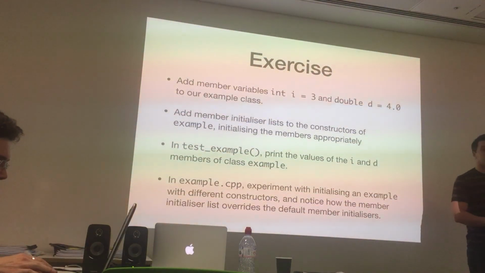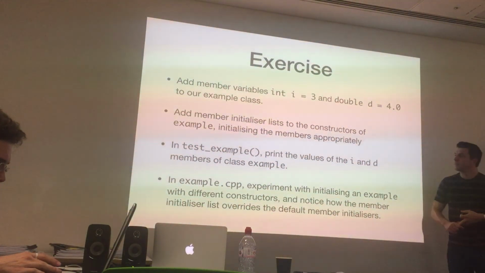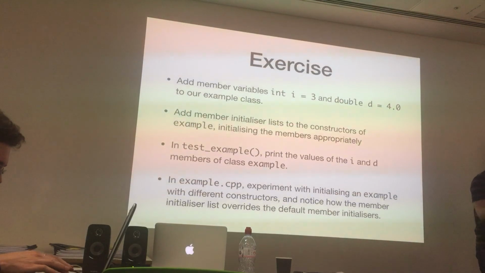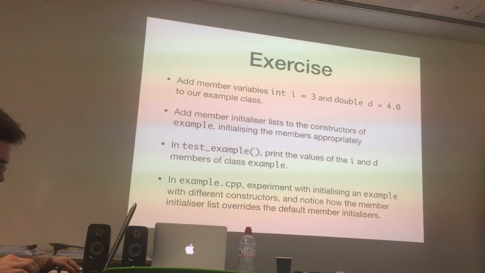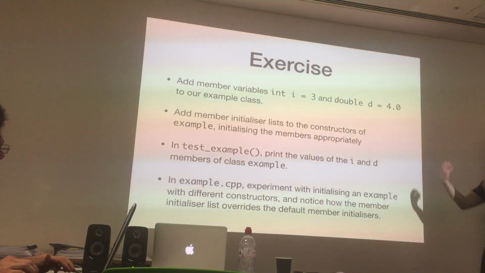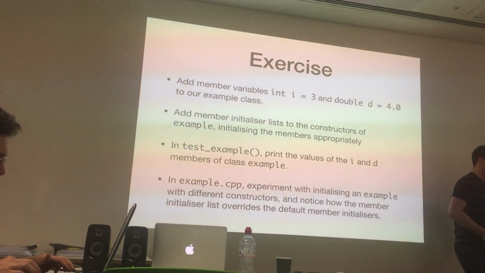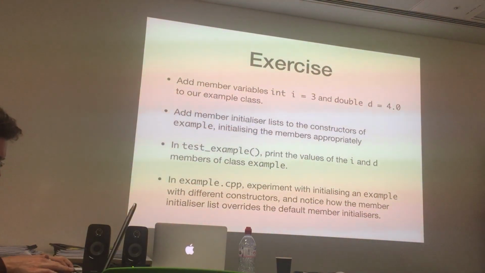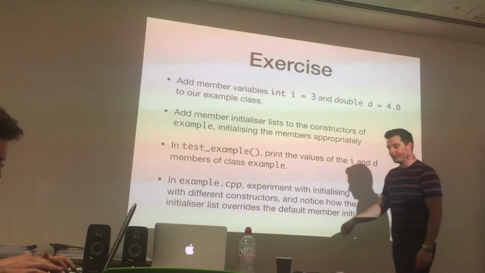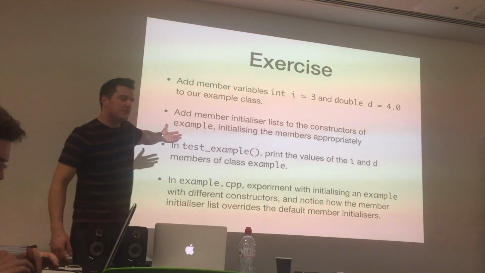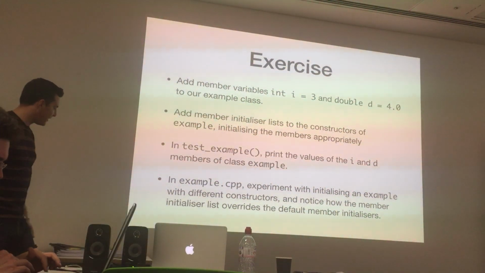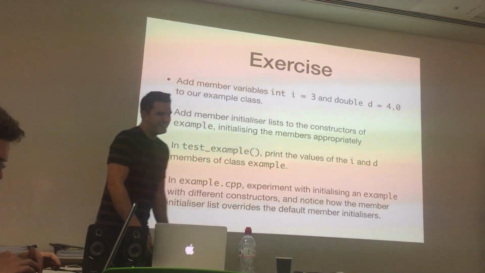You can add a single argument constructor back again if you like. The point of this is to convince yourself how the member initializer list of a constructor overrides the default initial value that you give it. But if you omit it from the member initializer list, it'll use the default value. I've just explained the whole purpose of this. I'm sorry, you were meant to work that out for yourselves. Sorry, getting ahead of myself.